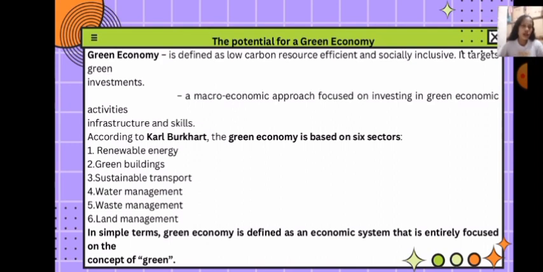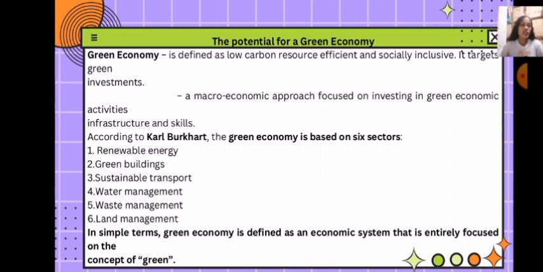According to Karl Burkhardt, the green economy is based on six sectors, and these are renewable energy, often referred to as clean energy because it doesn't use toxic materials and doesn't produce pollution.